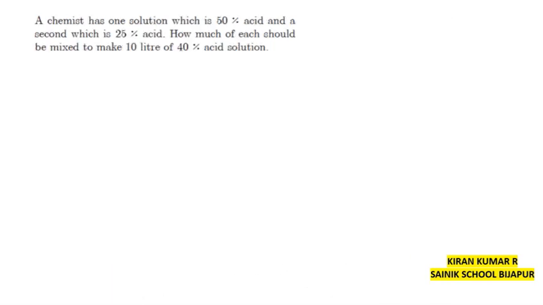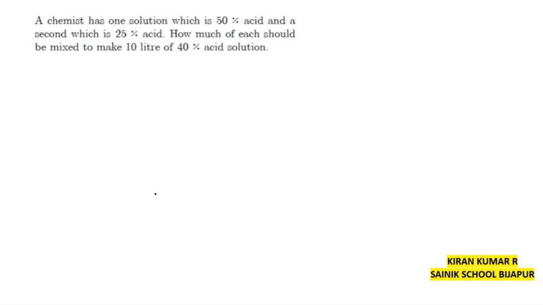A little difficult question. A chemist has one solution which is 50% acid and a second which is 25% acid. How much of each should be mixed to make 10 liters of 40% acid solution?